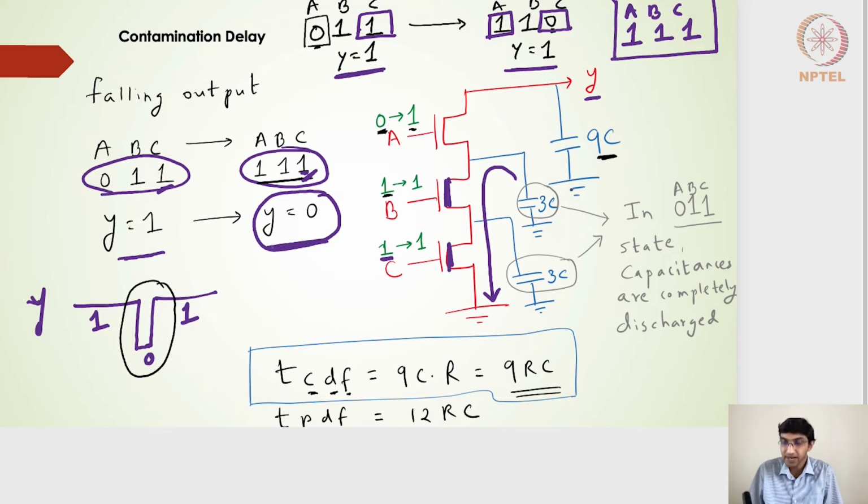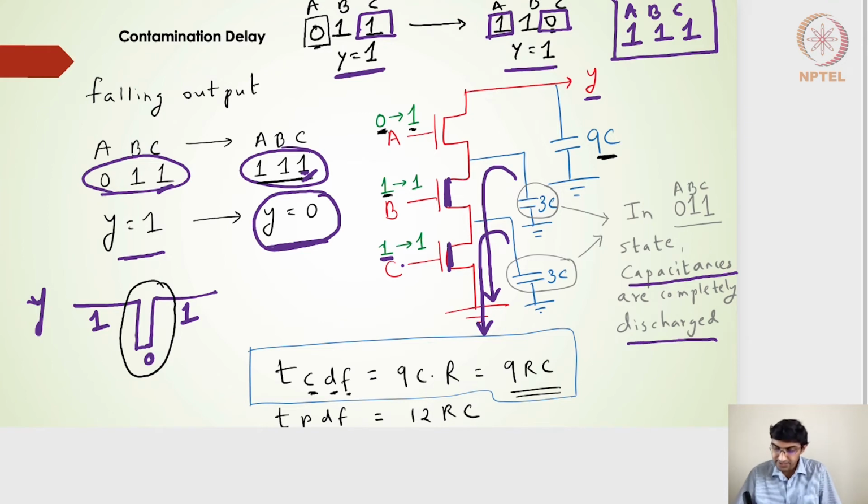So the discharging path for both these capacitances was earlier available, and they would have completely discharged to 0, right? So in the earlier state of 0, 1, 1, the capacitances are completely discharged. Which capacitances? The 3C and 3C capacitances, which find a discharge path through the on transistors. The on transistors are nothing but B and C.